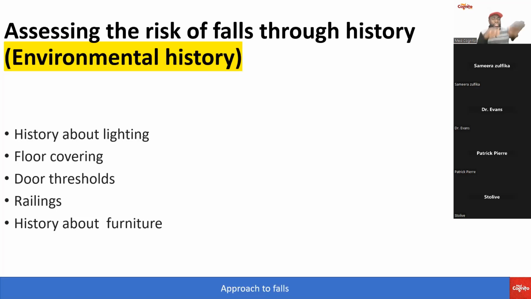What about the door threshold? Probably the person was getting out of the door, tripped, and fell. And what about railings? Are there any railings that the patient can hold on to? What about furniture in the room? These are all things that you want to know in the environmental history of a patient with falls.